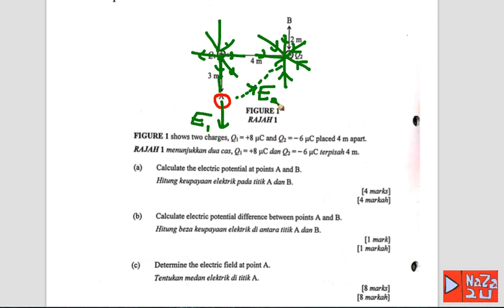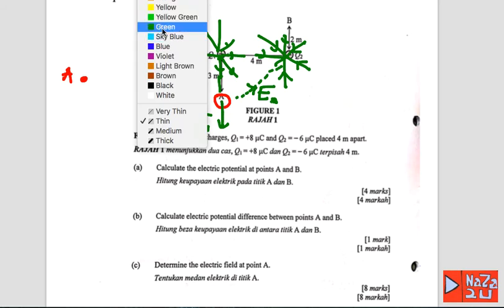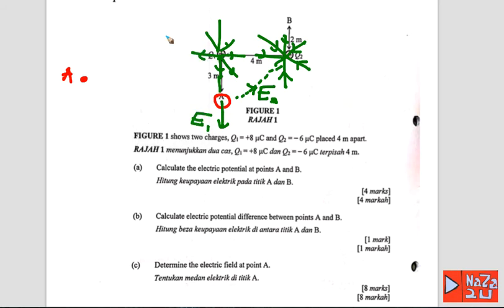You can draw this at point A here, so at point A you have E1 directed downward, and you have another E2 here.